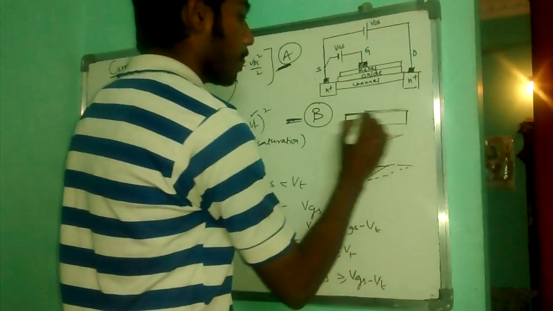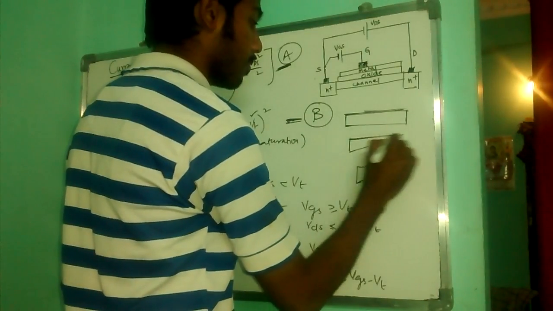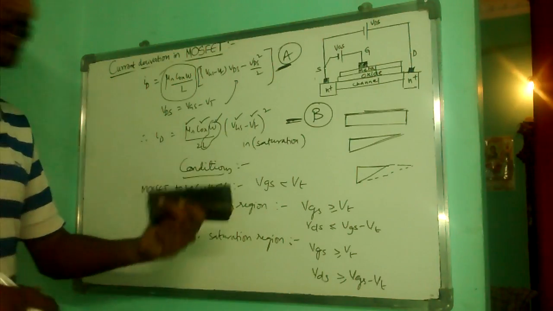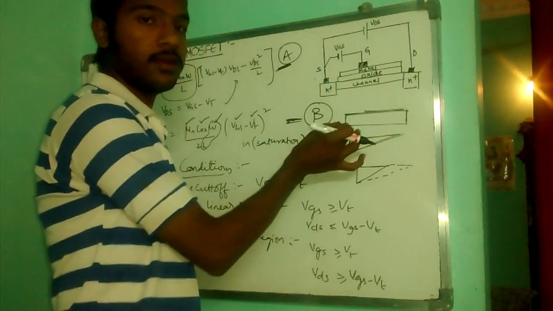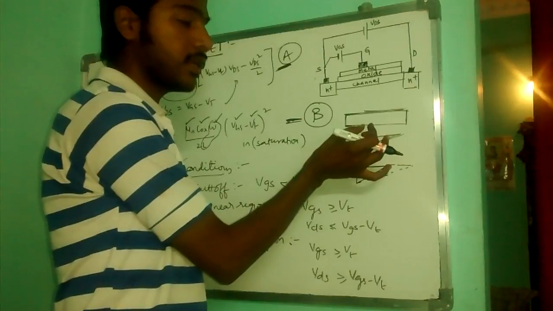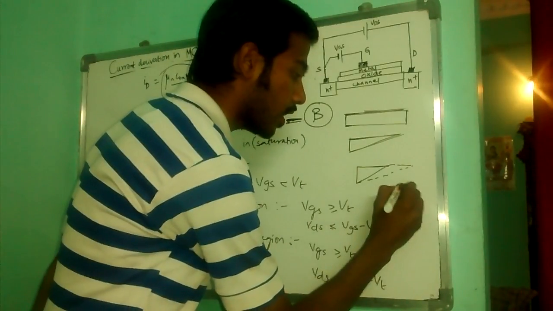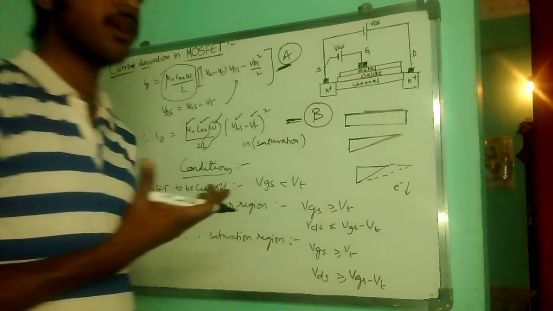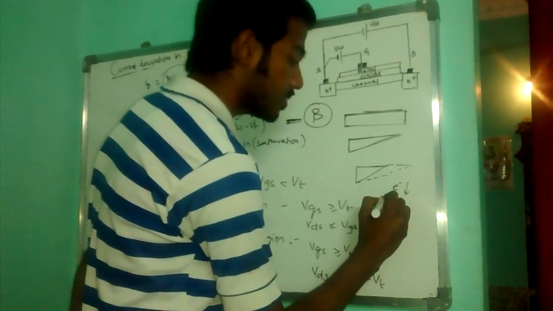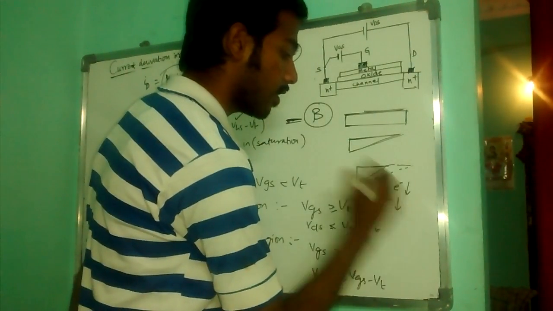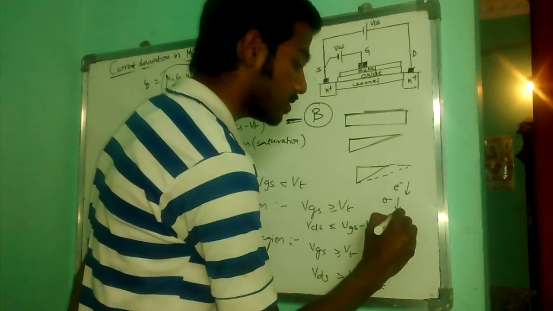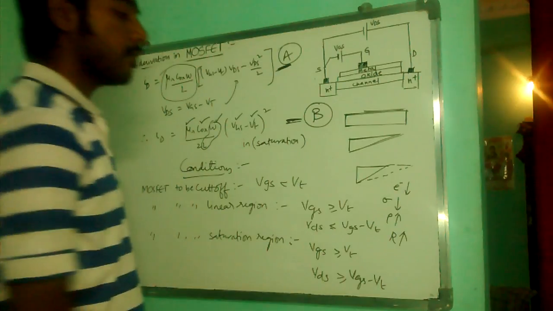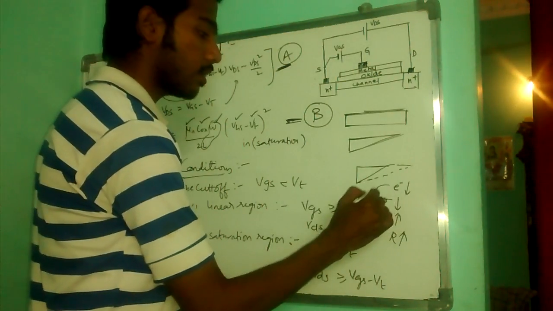As I already mentioned, as the voltage is increasing, the channel will decrease, so the electrons flowing will decrease, and this decreases the conductivity, so this increases the resistivity, and thereby resistance increases. This is all interlinked.